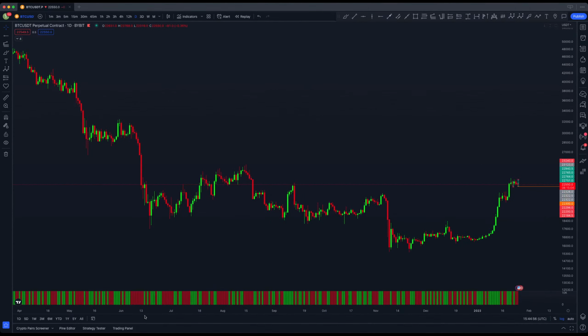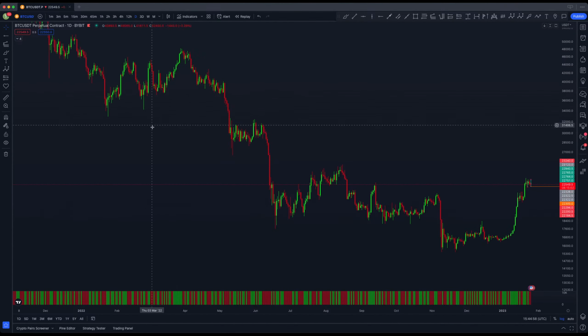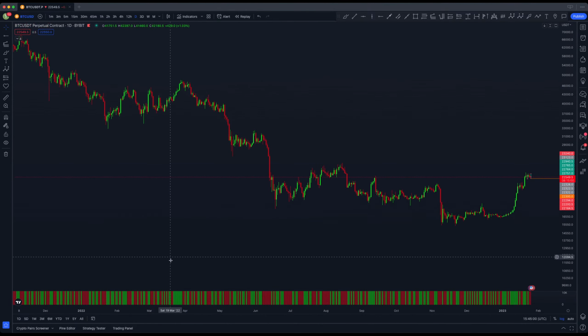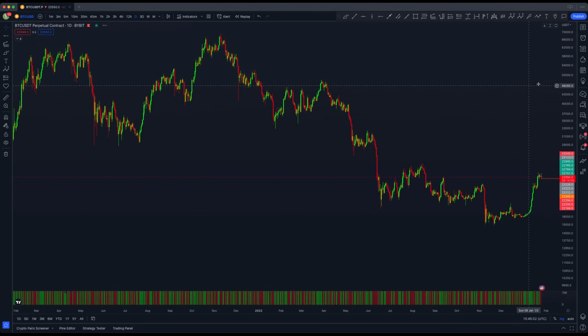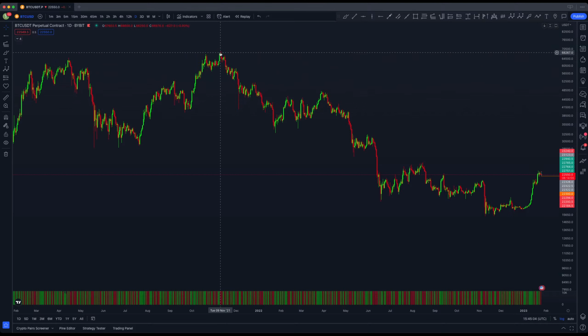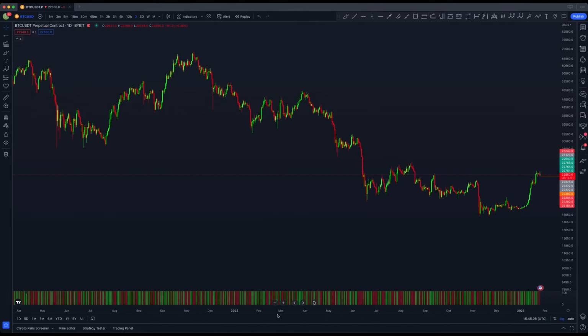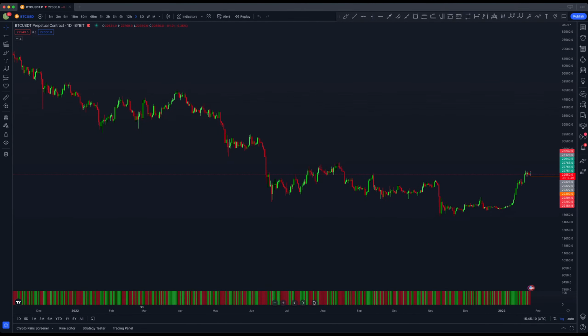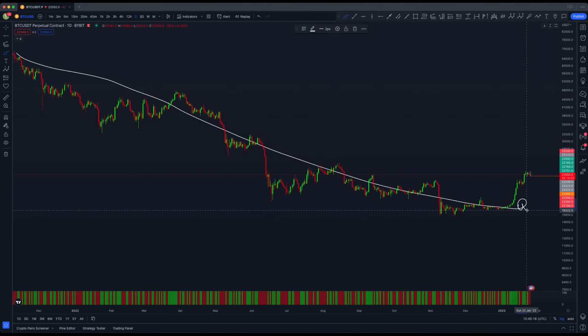I mean, right now I'm taking the top. Let's see where the top was, right, of the whole bull market. It was this 69, 68k, right? If I take this right the way back, so that the point on the chart is this whole move down, right? Right, this is where we are now.